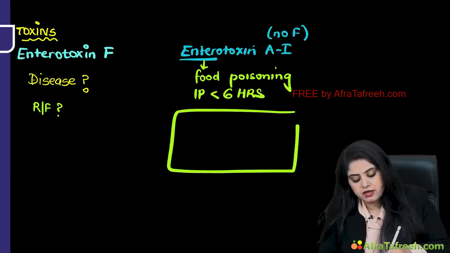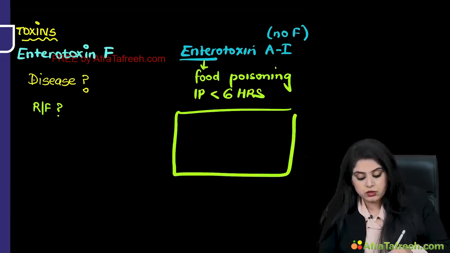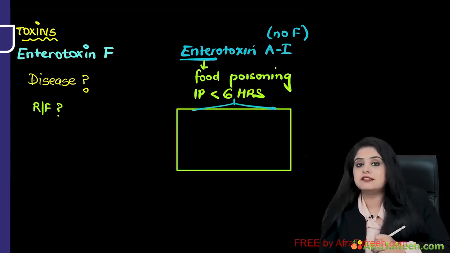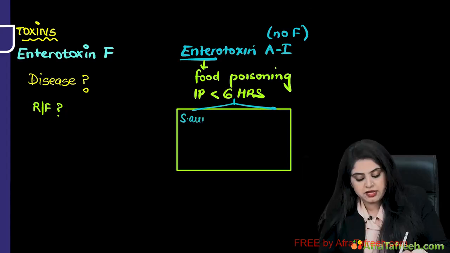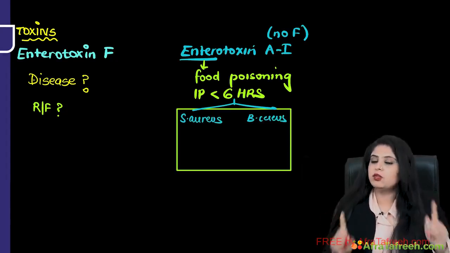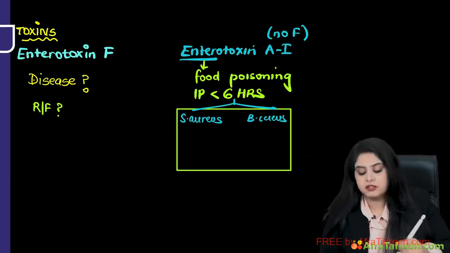So we are now going to make a very interesting table out here, and all of you will be telling me what are the 2 main food poisonings that we have where the incubation period is less than 6 hours. One of them is going to be Staph aureus and the other one is going to be Bacillus cereus, right? Both of them have an incubation period less than 6 hours. So how do I differentiate?